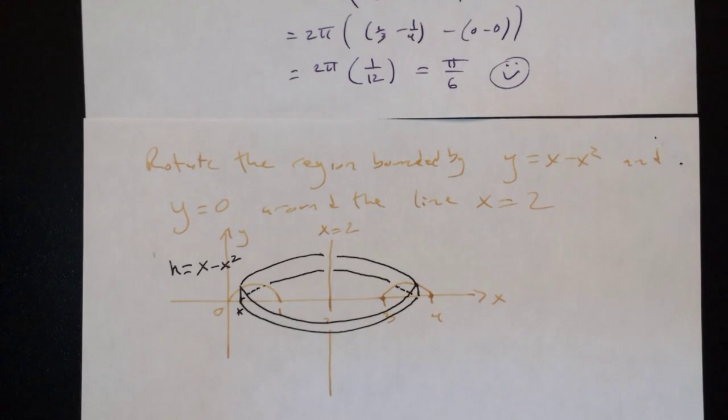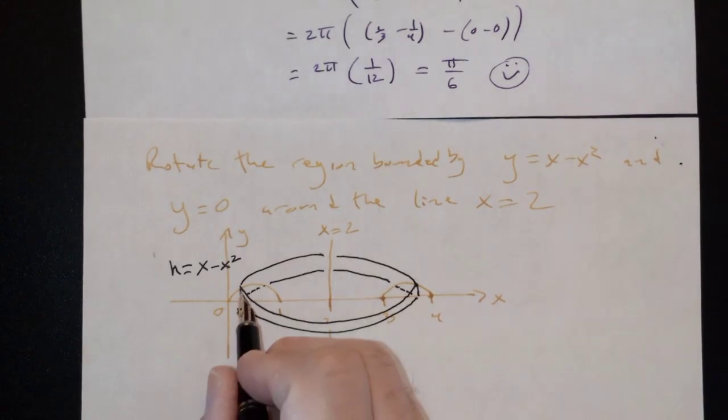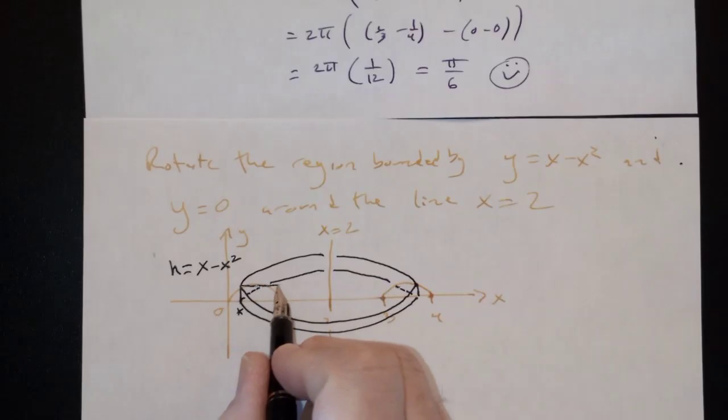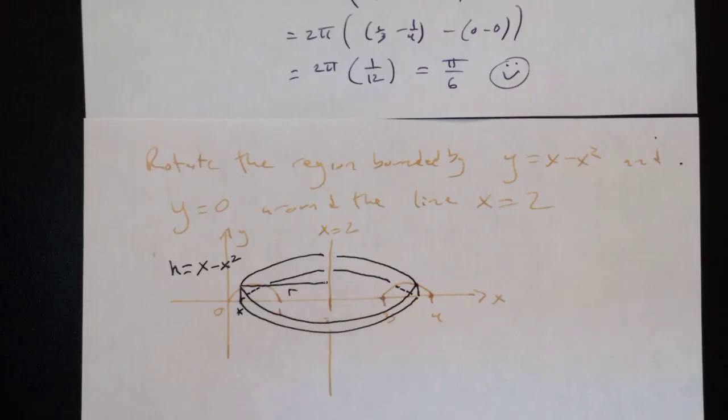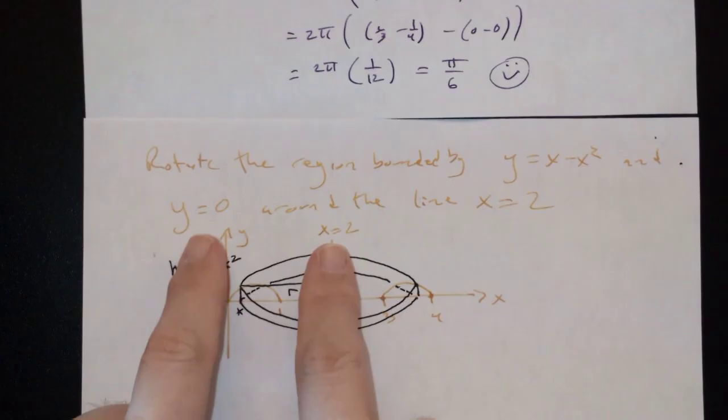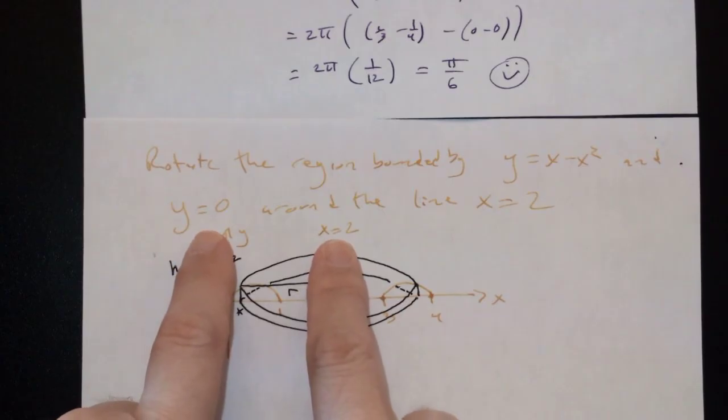Radius is harder because the radius doesn't go this way, it goes there. The distance from the y-axis to this spot is exactly 2.